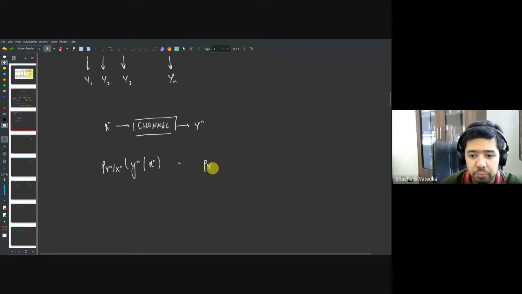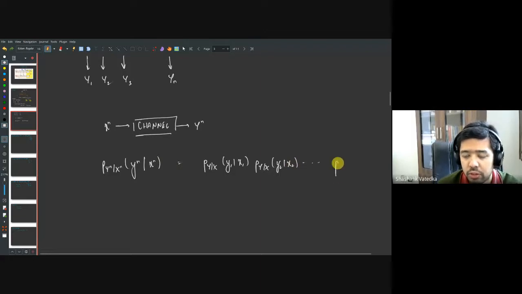It is P of y given x of y1 given x1, times P of y given x of y2 given x2, and so on, times P of y given x of yn given xn. Or notationally, this is the product over i going from 1 to n of P of y given x of yi given xi.